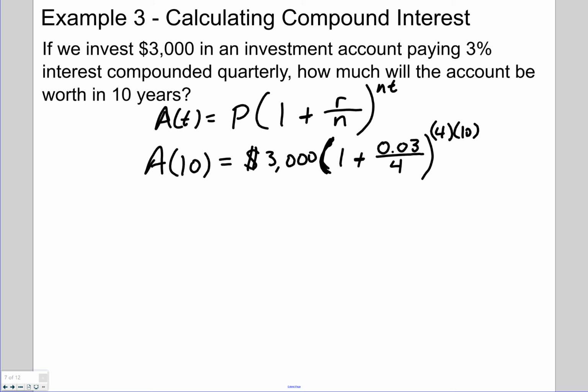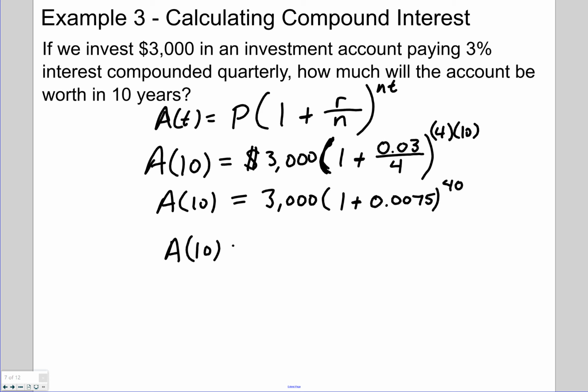So we can clean this up a little bit before you use the calculator if you'd like. What is 0.03 divided by 4? 0.0075, thank you. And then that's to the 40th power. So if you type that into your calculator, you will get how much money we think will be in the account in 10 years.